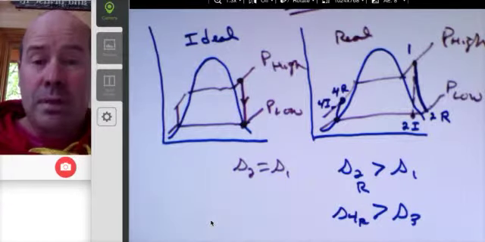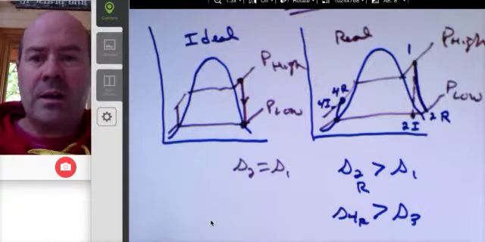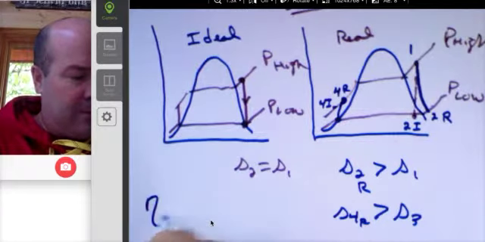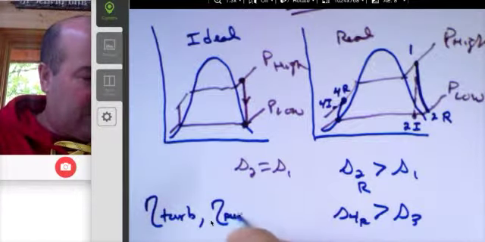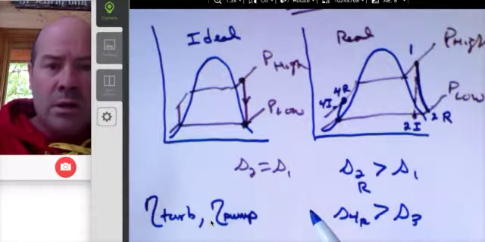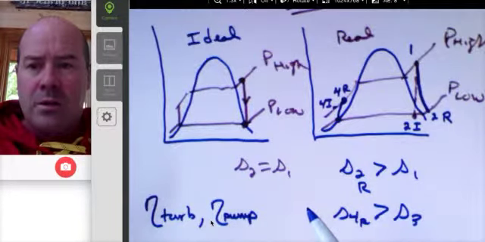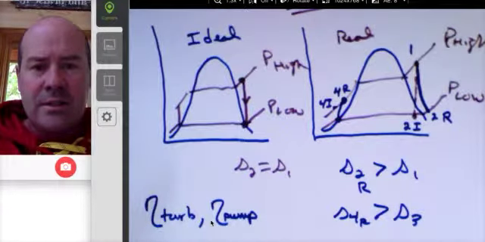So there's one more step in the process. We use what's called the efficiency of the turbine and the efficiency of the pump to find H2 real and H4 real. But this is a skill that we use in an advanced Rankine cycle. Don't need to do it here, just need to know that it exists.